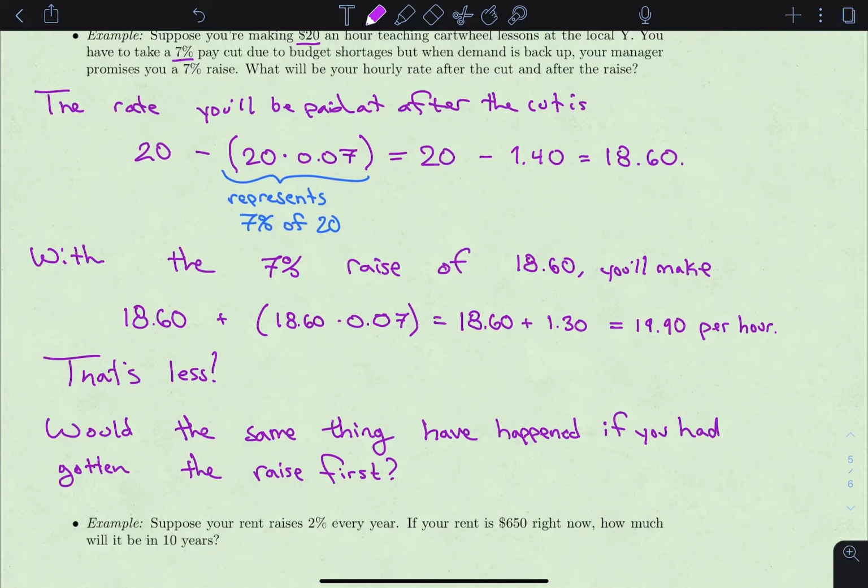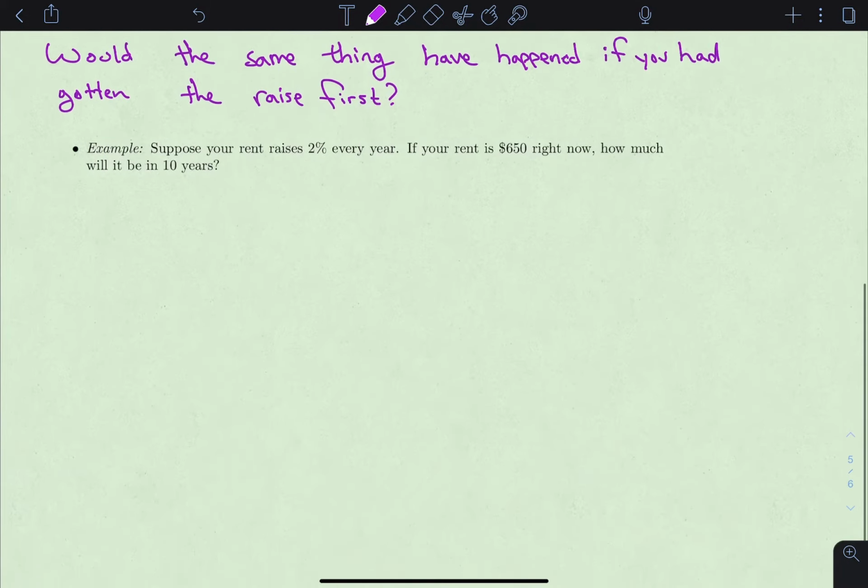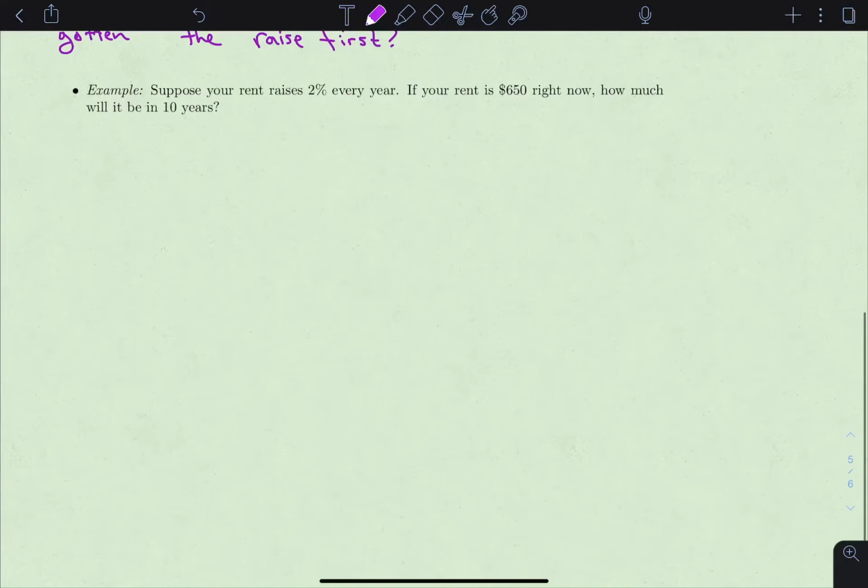All right. And the second question here is, suppose your rent is $650 right now. If it increases by 2% every year, how much is it going to be after 10 years? And the thing we should expect is for it to not be just a 20% increase.